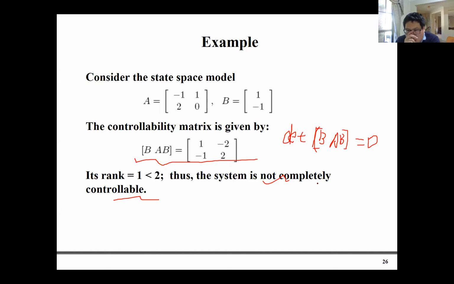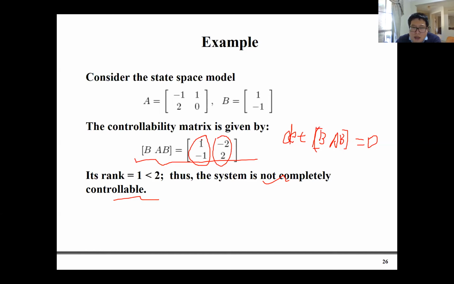Then I'm going to show you another intuitive way to see if the matrix is full rank or not. For example, in this matrix, let's consider the first column and the second column.